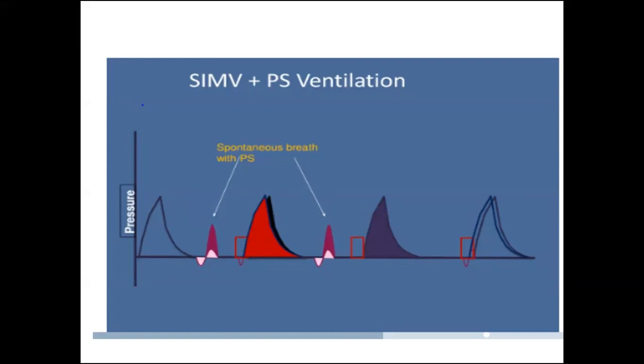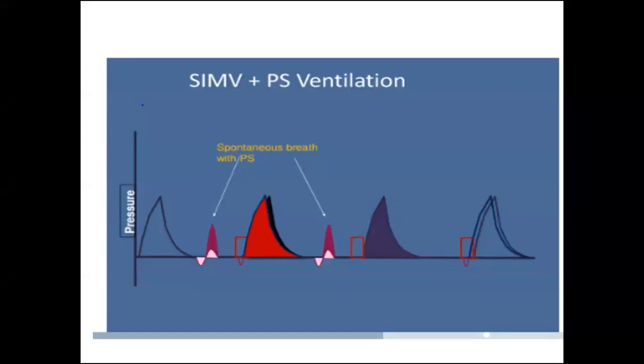Remember one point: when you're giving pressure support, it should never be equal to the pressure control. If you are giving pressure support equal to pressure control, there's no difference between SIMV and SIMV plus PS. You can just increase the rate to 30 or 40, whatever the desired rate, and just give the pressure control.